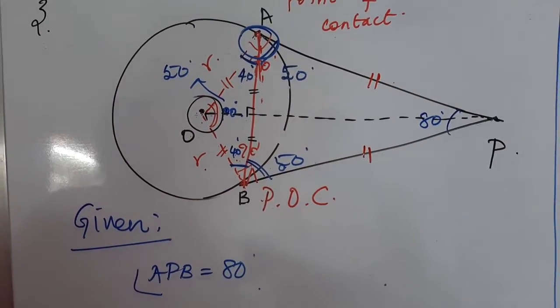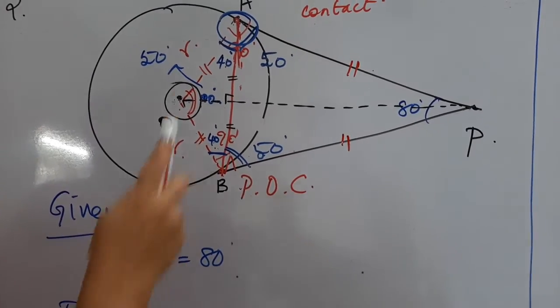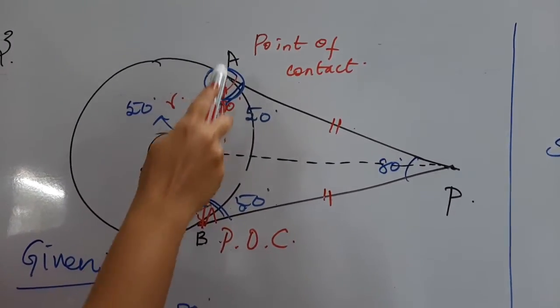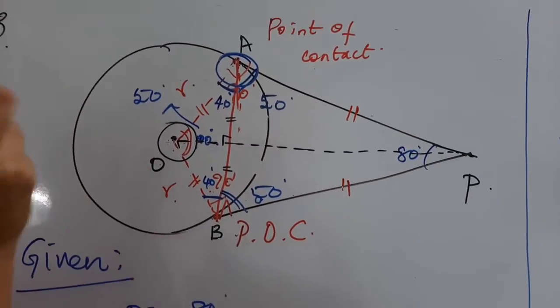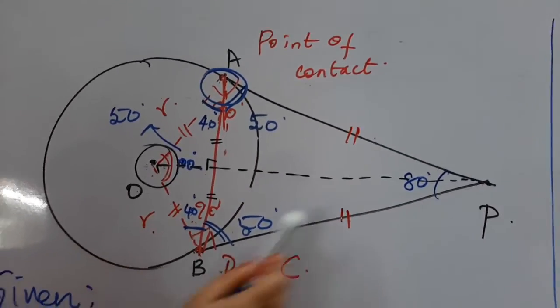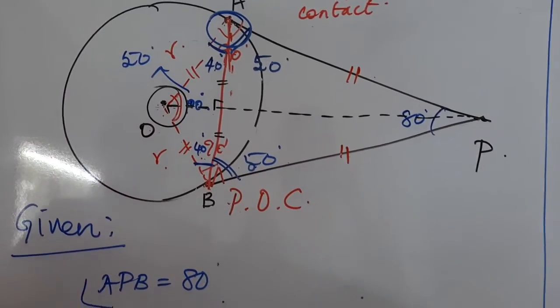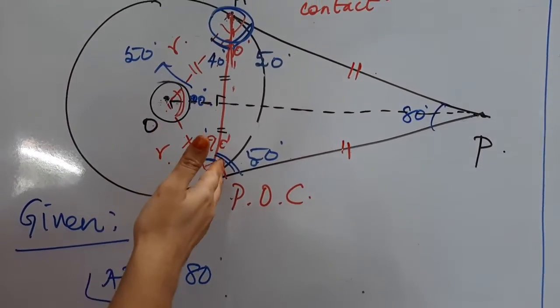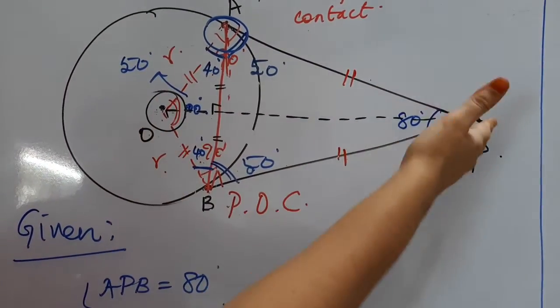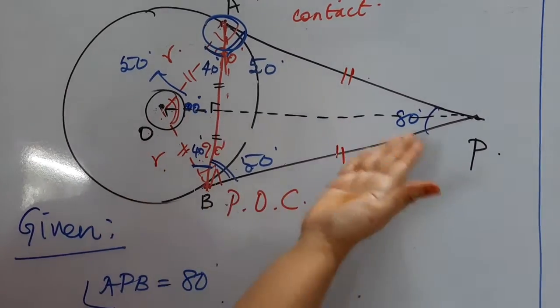Then by theorem 10.1, what do we know? At the point of contact, that is here A and B, the meeting point of the radius and the tangent is 90 degrees. That also we marked. Then using the chord, the given quadrilateral OAPB, I divided into two triangles.